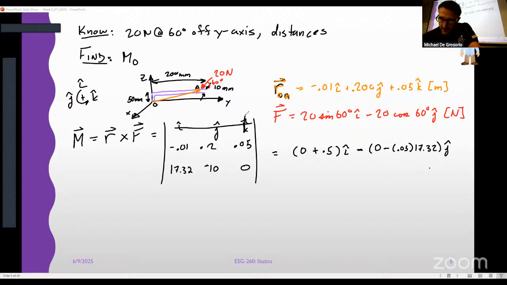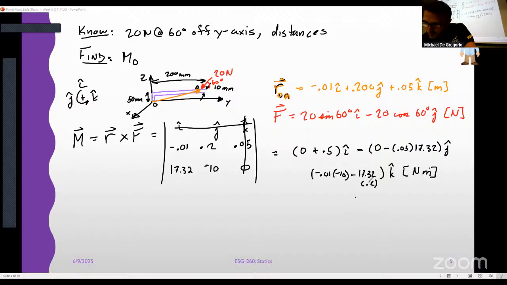Do the same thing for K here. We cross those. Here's my K. And this, just so we're all aware, in my version is in Newton meters. Yours might have been Newton millimeters, which is, as I said earlier, perfectly fine. Negative 0.01 times negative 10 minus 17.32 times 0.2.